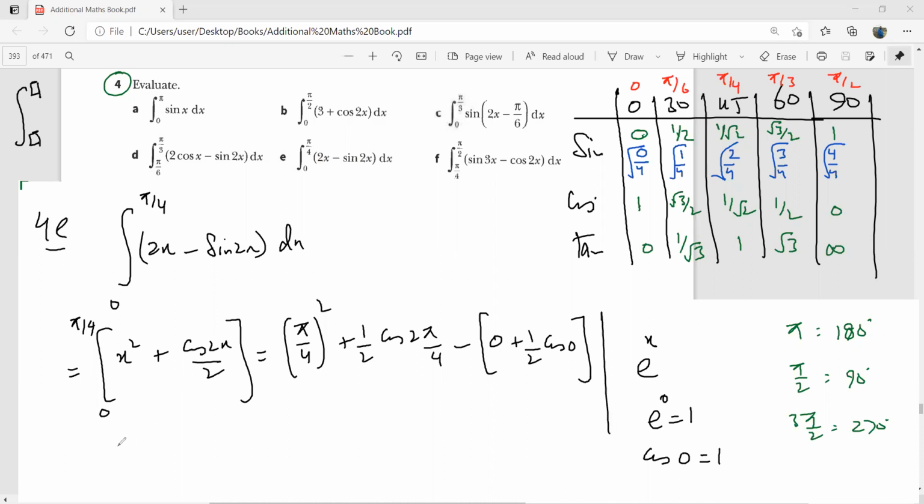So we have pi squared over 16. This cancels out with this. We know that cos 90 is 0, cos pi by 2 is 0. And from here you have cos 0. This is minus half. So this is your answer in exact form. You can use your calculators if you want to give the answer in decimals.